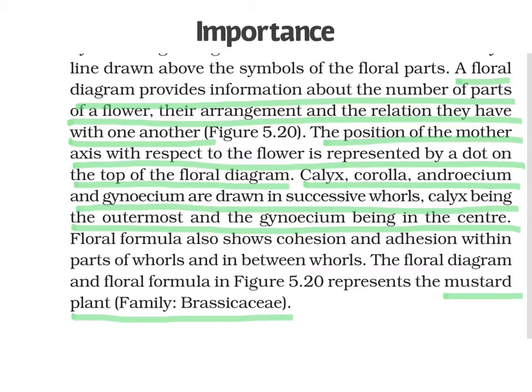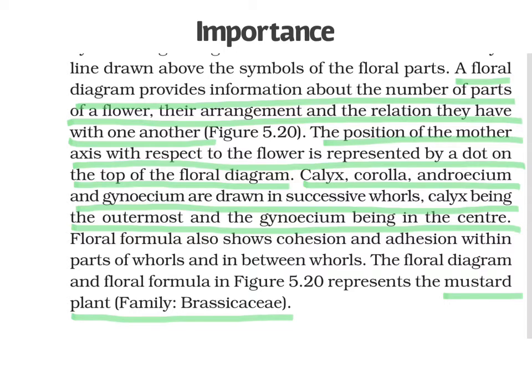Then the position of the mother axis with respect to the flower is also represented by a dot on the top of the floral diagram. Then calyx, corolla, androecium, gynoecium are drawn in successive whorls, the calyx being the outermost and the gynoecium being in the center, as I have shown you earlier in the diagram.